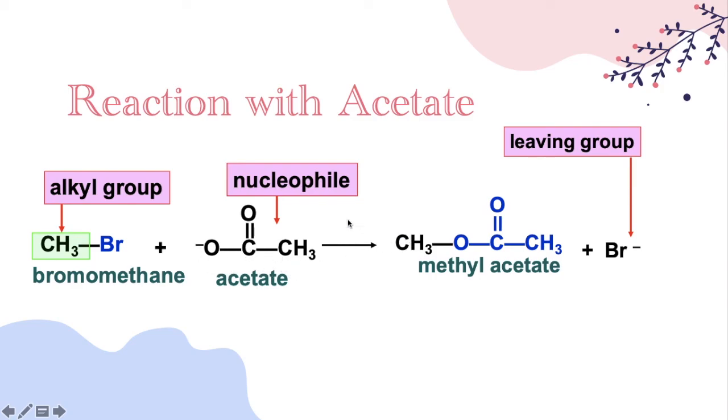So acetate is a nucleophile in this reaction, replacing the halogen in the haloalkane, and the product, you're going to have C single bond O single bond C, with one C double bond O, and the halogen as a leaving group.